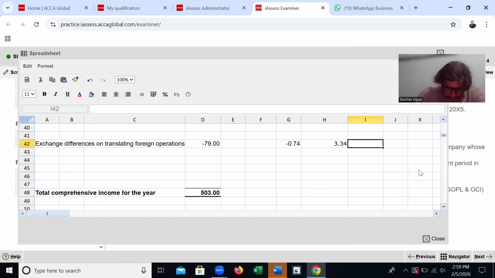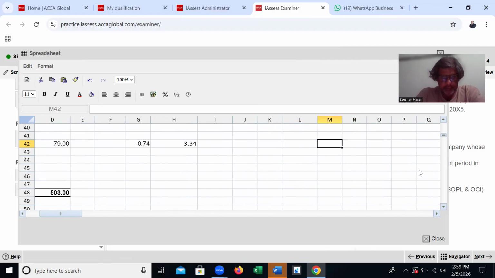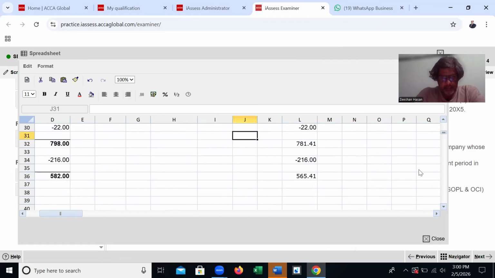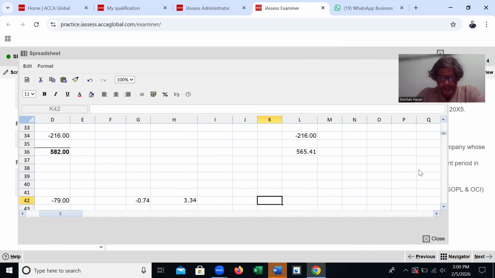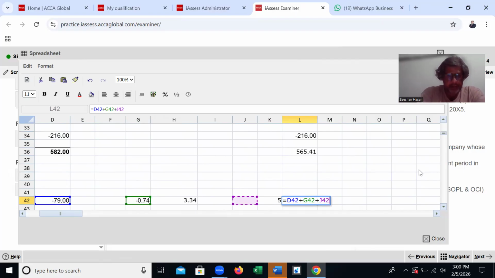Then regarding the cash flow hedge, we had 5. So in total, it will be 79 plus this plus this plus this.